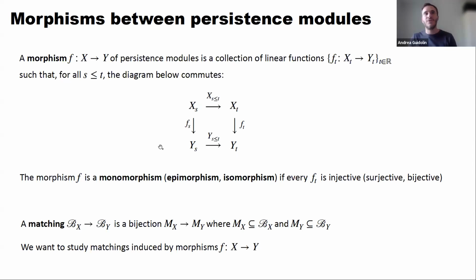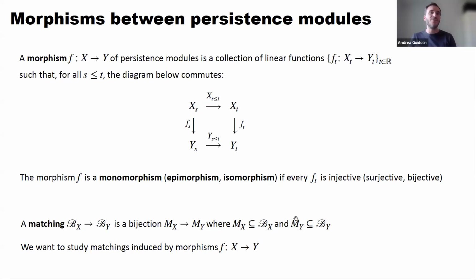A morphism is called a monomorphism, or alternatively an epimorphism or isomorphism, if every map FT is injective, or respectively surjective and bijective. And one last definition that we need is that of a matching between barcodes, which is defined to be a bijection between a subset of the barcode of X and a subset of the barcode of Y.